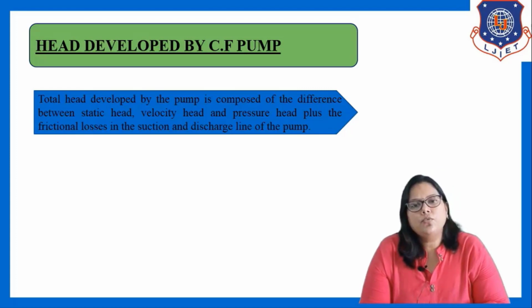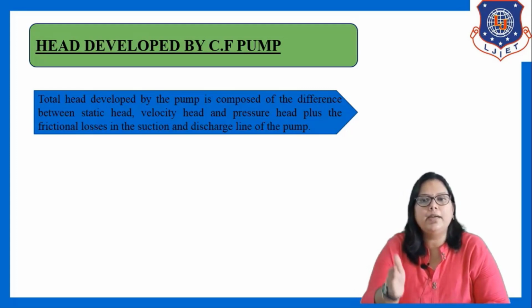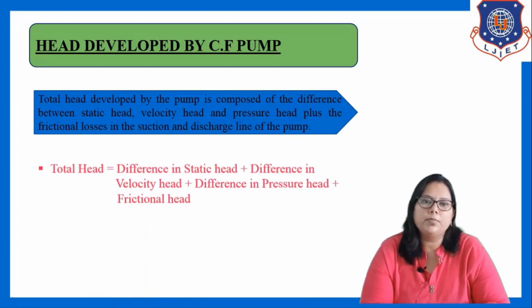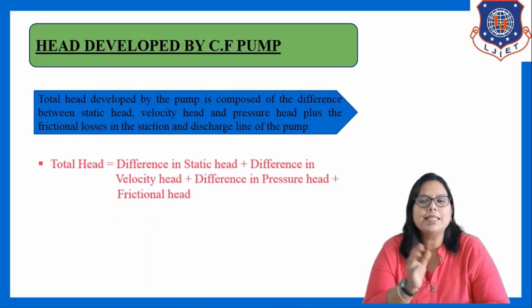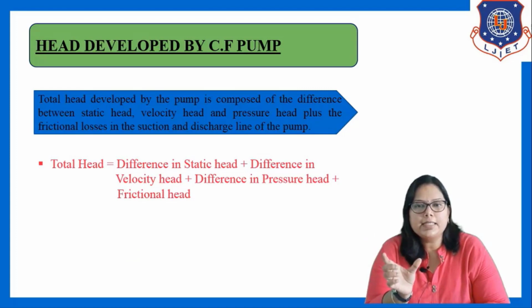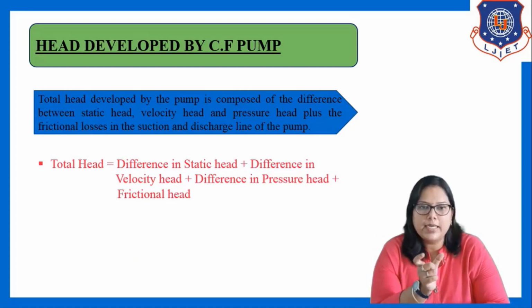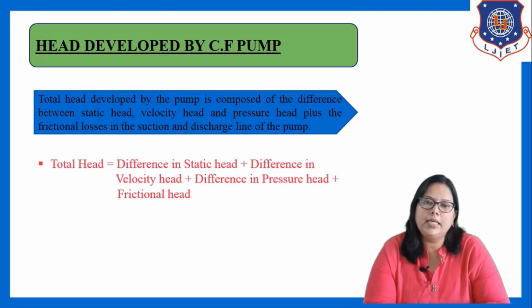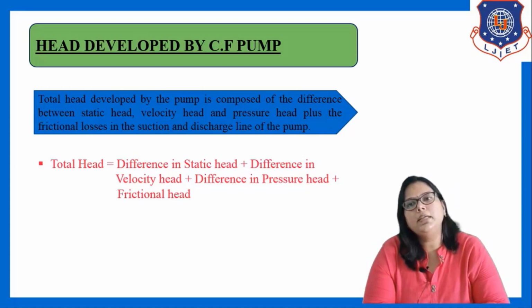So when I have to calculate the total head developed in the centrifugal pump, I can say that total head is the difference in static head plus the difference in velocity head plus the difference in pressure head plus frictional losses or frictional head. So when I have to calculate the head developed, I have to use this formula.